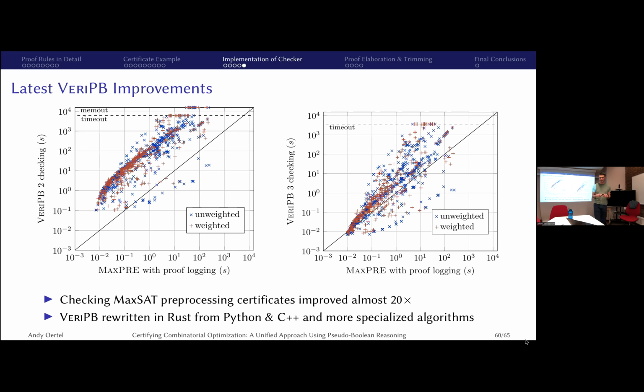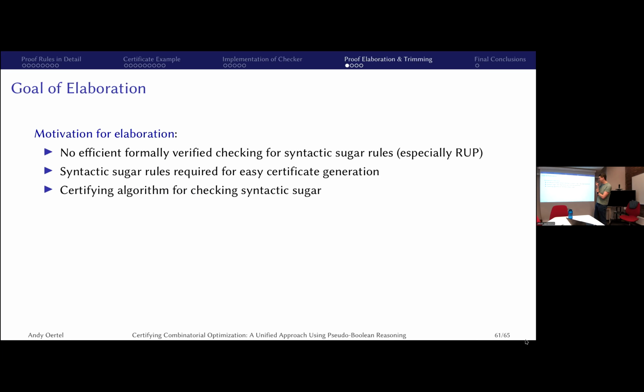And so let me finish with talking a bit about elaboration and trimming. The goal for elaboration is that we have this motivation that the syntactic sugar rules, especially reverse unit propagation, cannot be checked by formally verified checkers. And so we need to have an easier certificate that the formally verified checker can handle.